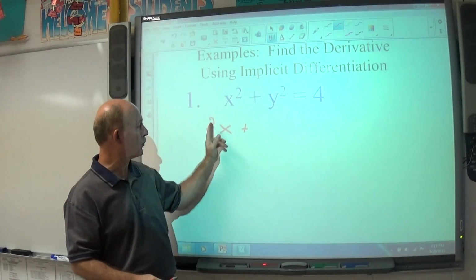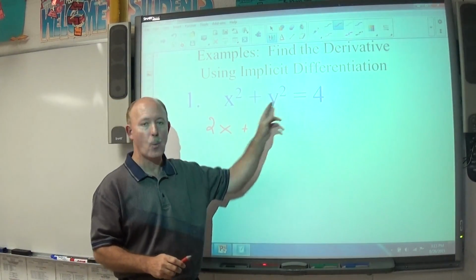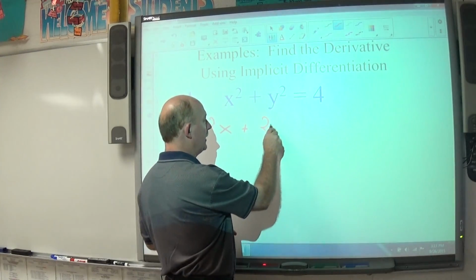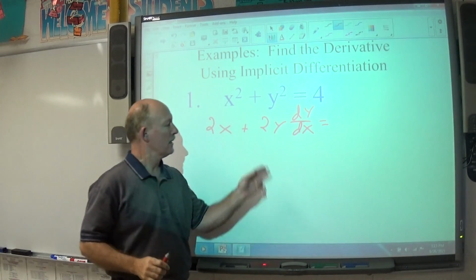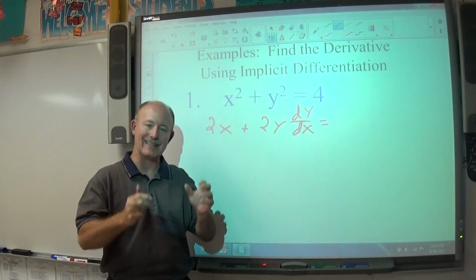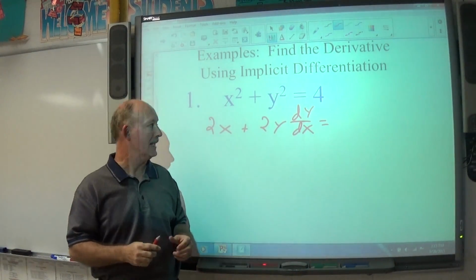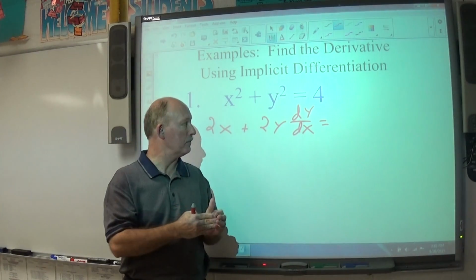So the derivative of y squared is 2y times dy over dx, equals. You have to leave dy dx as a factor, and remember, this is because of the chain rule.